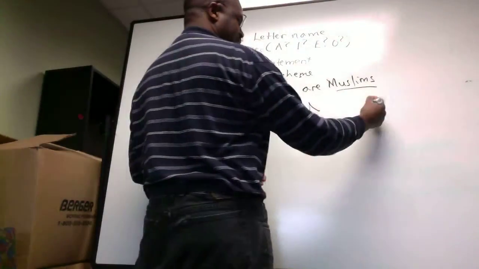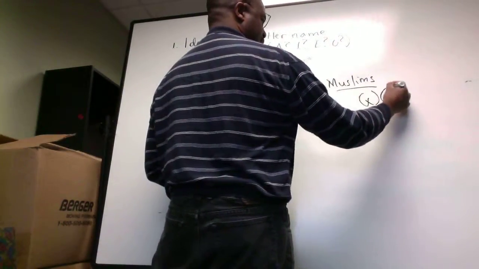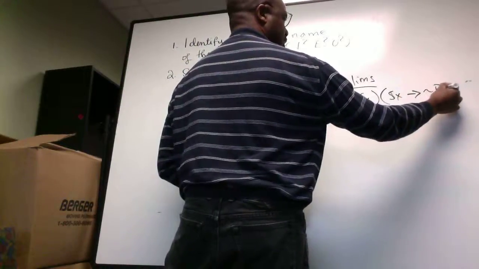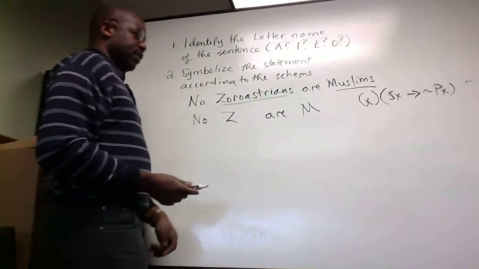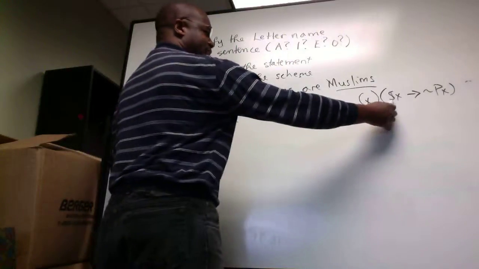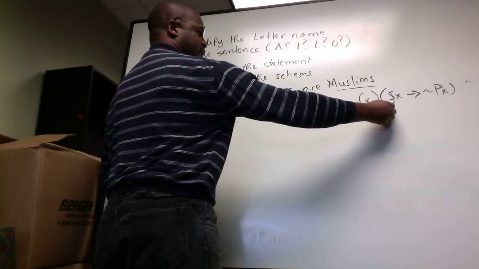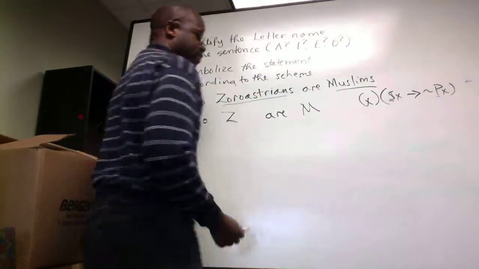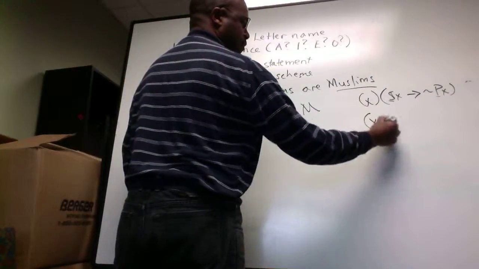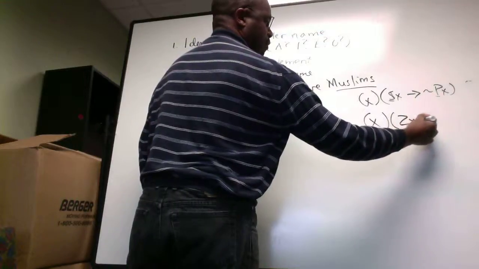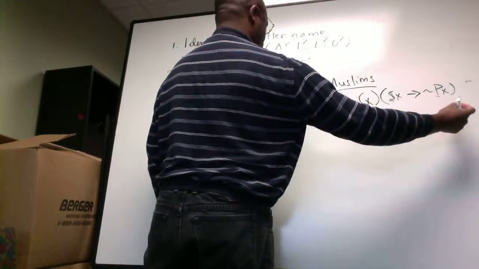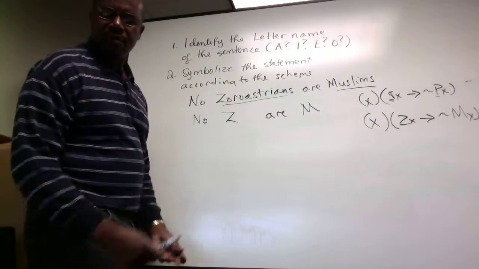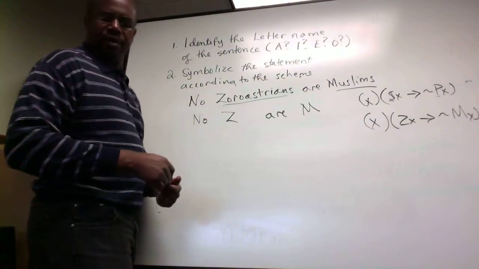An E statement looks like this: for all X, if X is S, then X is not P. So Z comes right here, and M comes right there. That's all you need to do, and you have translated that.